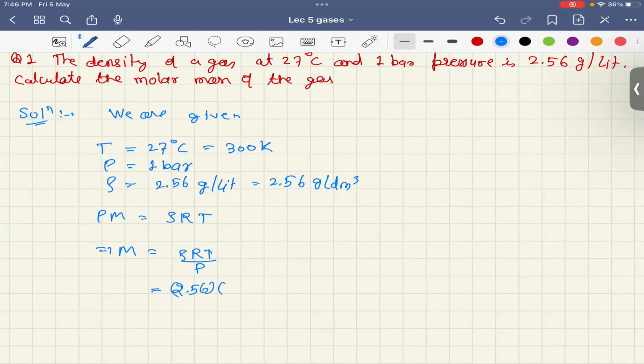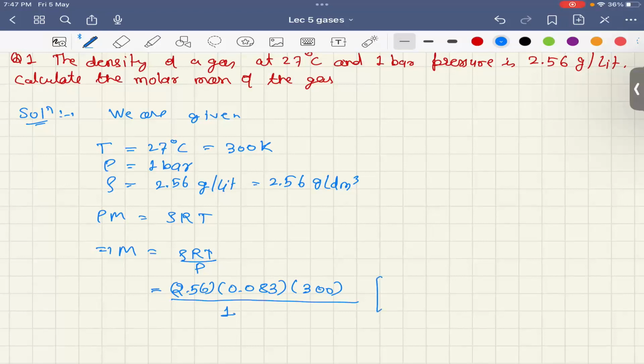So rho is going to be 2.56. R, we are going to look at the table which we have seen previously. So the R value comes out to be 0.083 bar dm cube per mole per Kelvin, right? Multiplied by temperature, which is 300 Kelvin, divided by 1 bar, right?